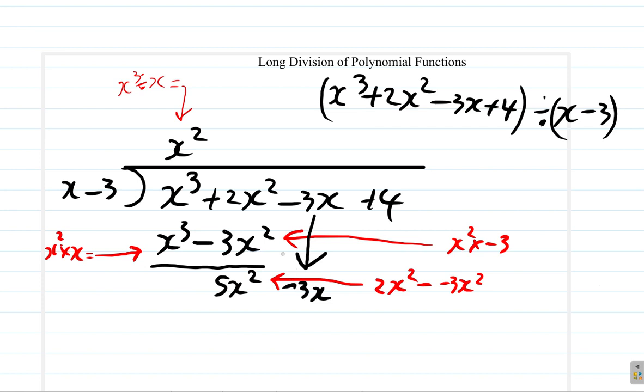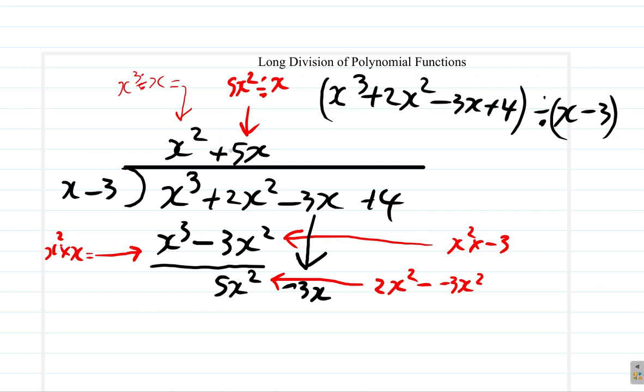Then x in how many x's do you have into 5x squared? There are 5 x's into it. So we say 5x squared divided by x, and we get this. Alright?